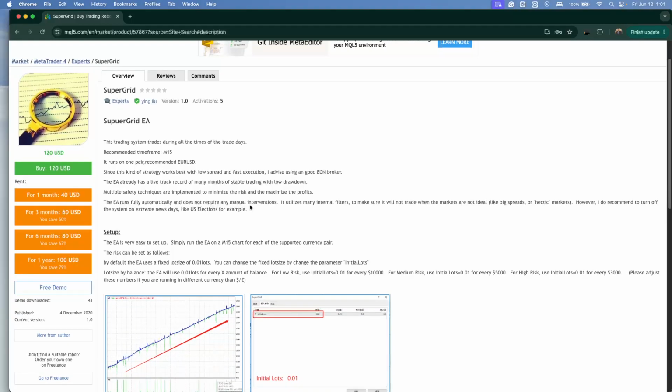Also, it has options for grid gaps defined as a percentage of price. It emphasizes safety with drawdown protection, and we also have pending order management and session controls. It's marketed as suitable for EURUSD and other pairs on the 15-minute time frame, with tools to limit risk while capturing ranging market opportunities.